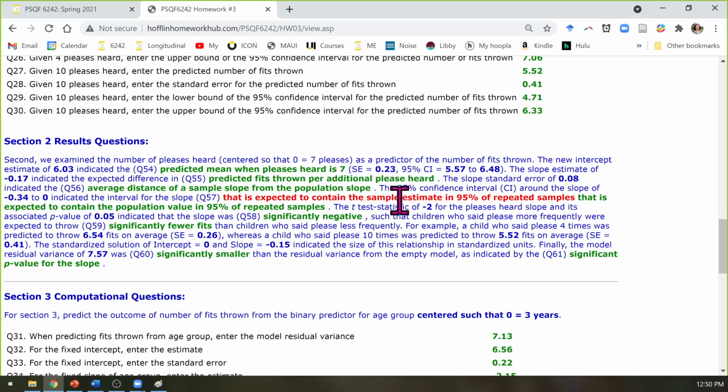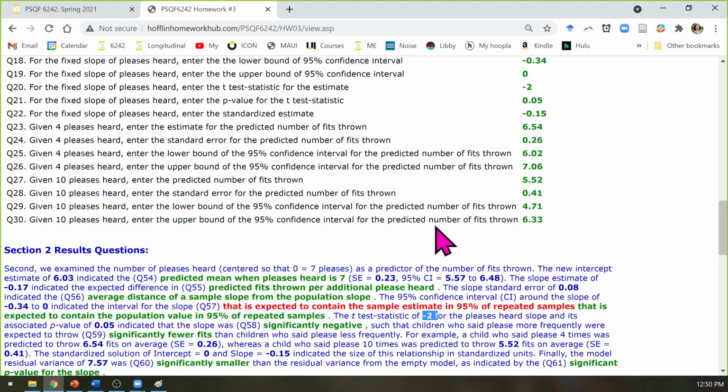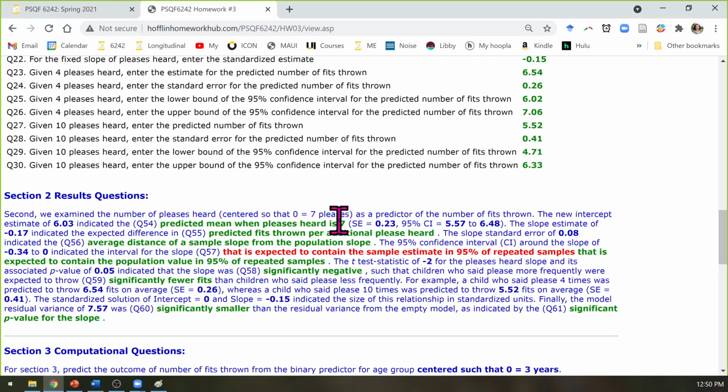Okay, confidence interval, same thing as before. It's expected to contain the population value in that percent of the samples. This slope corresponded to a t-test statistic of -2. Let me go up here and find, oh, the p-value was right at 0.05 to 2 digits here. So it was significantly negative, such that people who said please more threw fewer fits.